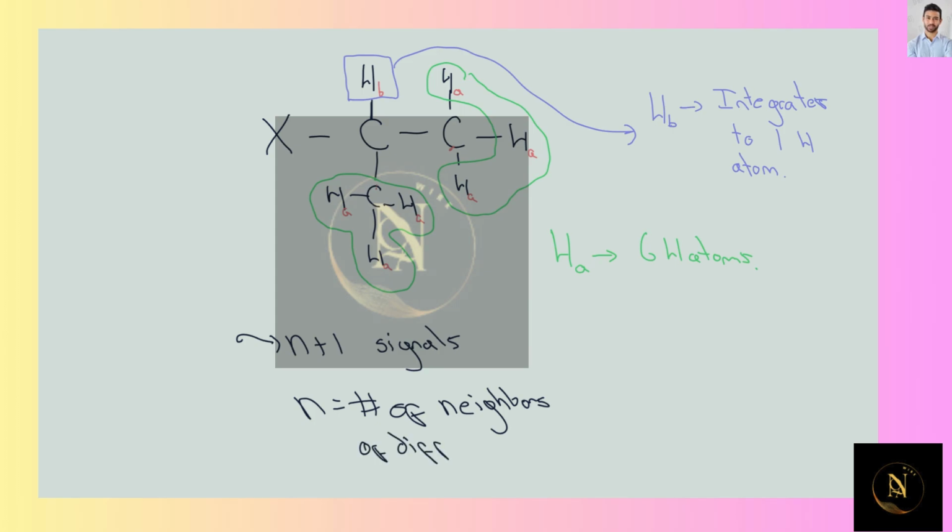For example, the neighbors of hydrogen A would be only hydrogen B. The other hydrogens A that have the same chemical environment do not count for this splitting of signals.